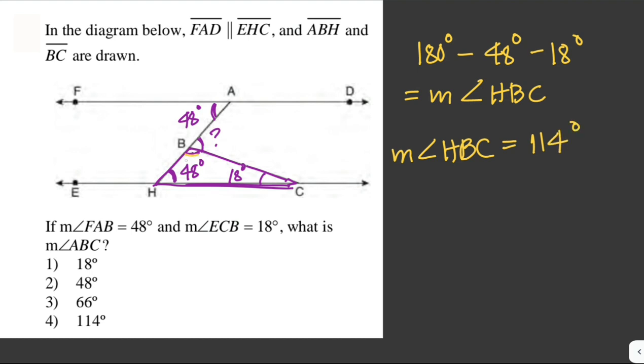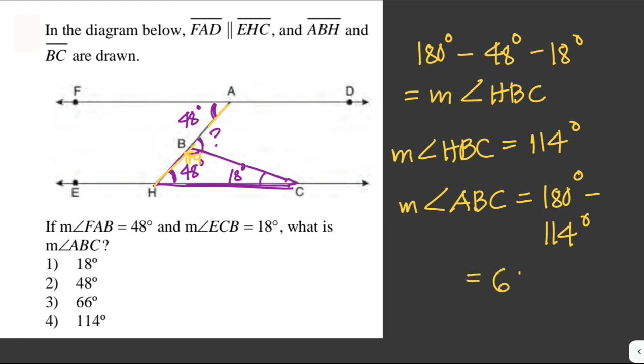Okay, so that means this is 114. Since this one is a straight line, ABH, and this is 114, therefore the measure of angle ABC is just equal to 180 degrees minus 114 degrees. And that would be equal to 66 degrees. So the answer here is number 3.